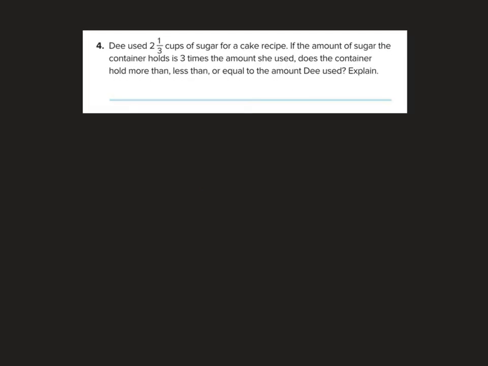All right, so D used 2 1/3 cups of sugar for her cake recipe. If the amount of sugar the container holds is 3 times the amount she used, does the container hold more, less than, or equal to the amount that D used? Okay, so here's how much she used.